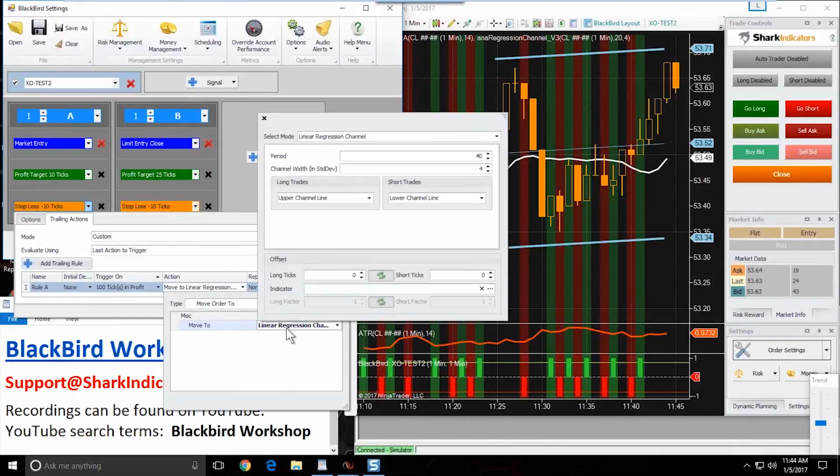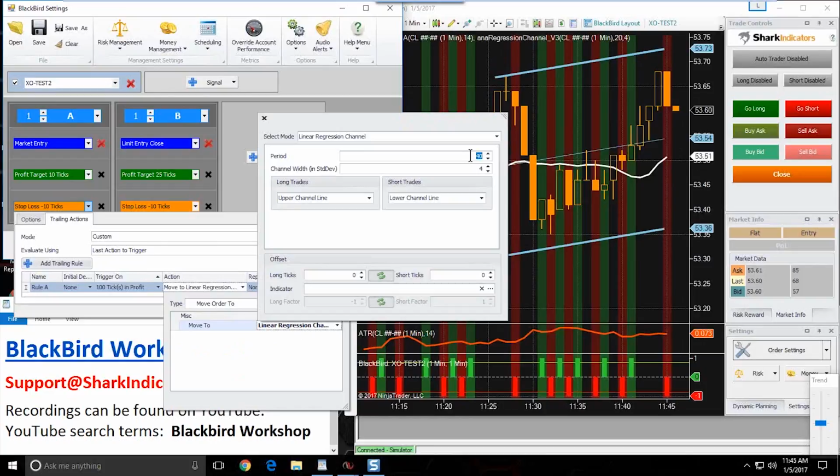All right, so getting back into the linear regression channel. BlackBird defaults to a 40 period channel, whereas the anti-regression channel uses a 20 period, so I'll just match that up with the 4. Keep in mind, BlackBird uses NinjaTrader's regression channel when it calculates.